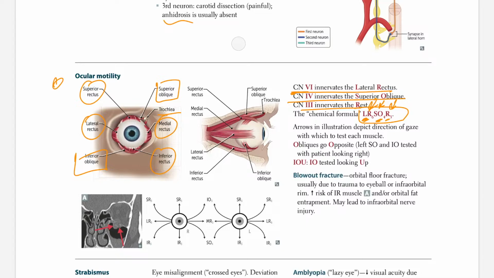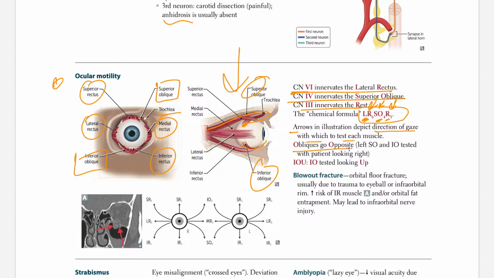So taking a look at this here, it's going to make things easy. Look at superior oblique. It starts here, goes through this trochlea, and then goes back. And inferior oblique is going the other way. Now, let's just read this. Arrows in the illustration depict the direction of gaze to test each muscle.